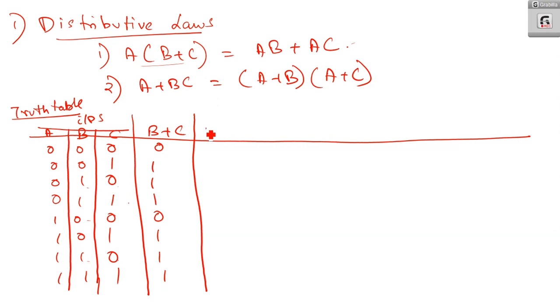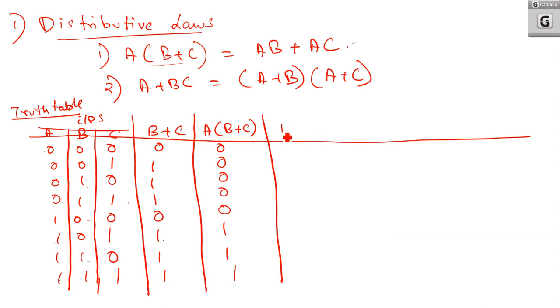Now I will write A and (B or C): 0 and 0 is 0, 0 and 1 is 0, 0 and 1 is 0, 0 and 1 is 0, 1 and 0 is 0, 1 and 1 is 1, 1 and 1 is 1, 1 and 1 is 1. That is A and (B or C).